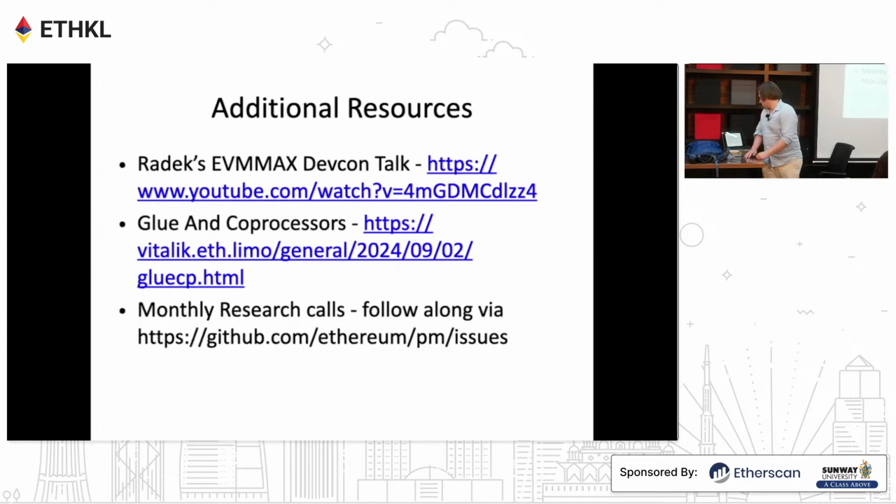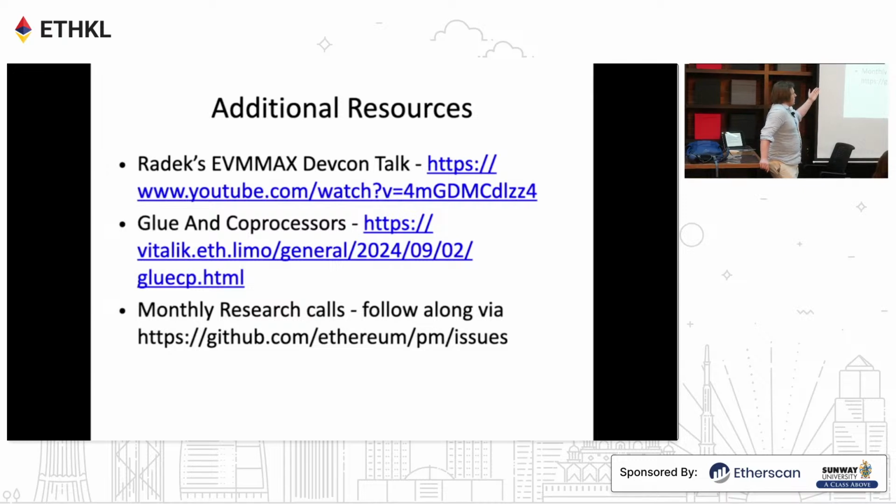Some resources. Radek from the Epsilon team, the new Epsilon co-lead, gave a pretty good talk about it at DevCon that dives into the actual spec a bit more. It is a bit outdated at this point because many things have changed. The EIP is up to date.